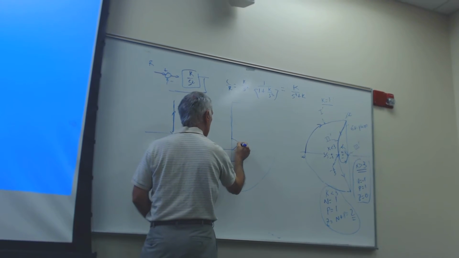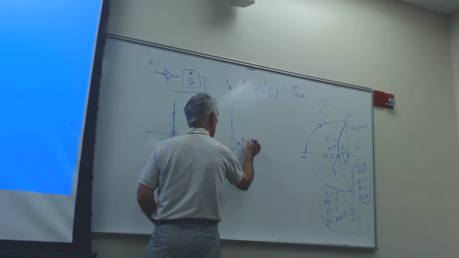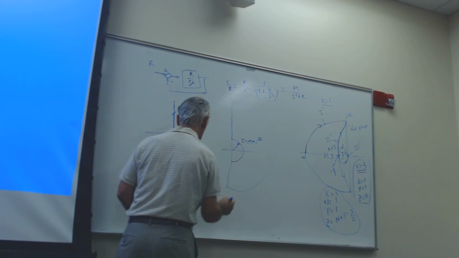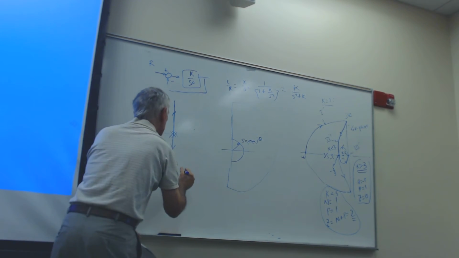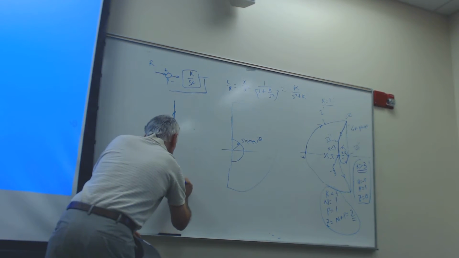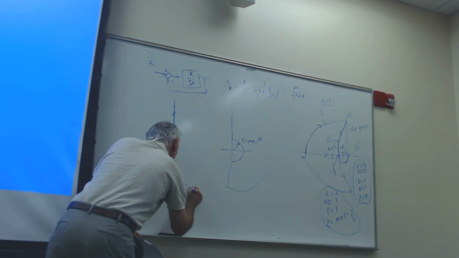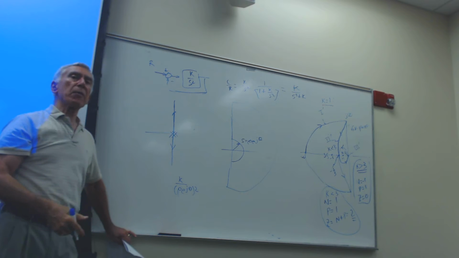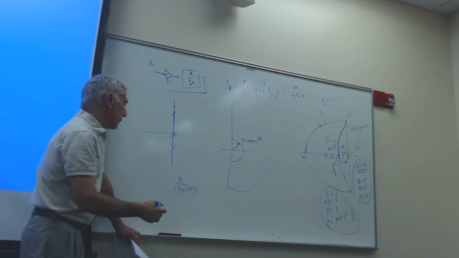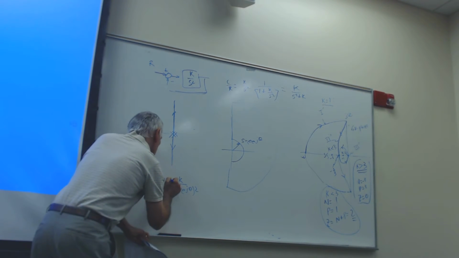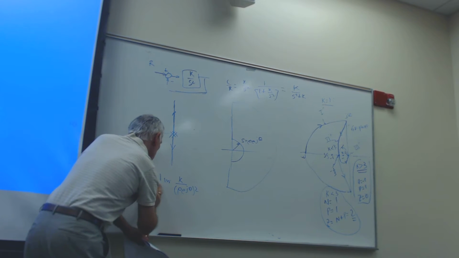Okay, and so same kind of thing, S equals rho e to the j theta. When we put it into the open loop transfer function, we get k over rho e to the j theta quantity squared, right? And we replace S by rho e to the j theta. And we're going to take the limit as rho goes to 0.